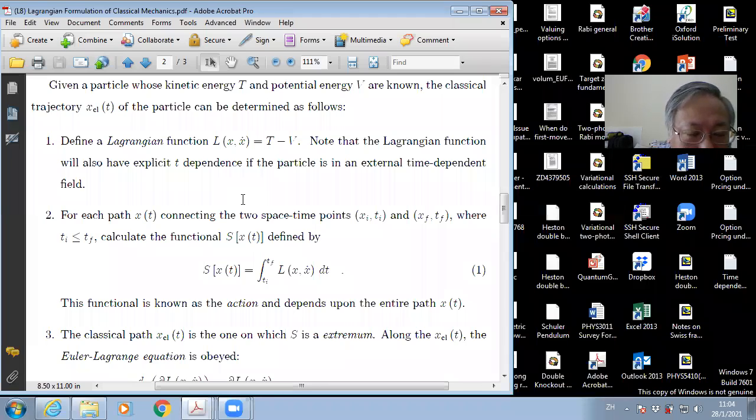After doing that, we list all the relations among these Cartesian coordinates so that we can identify some suitable or desirable generalized coordinates. After doing that, we can re-express the Lagrangian in terms of the generalized coordinates.